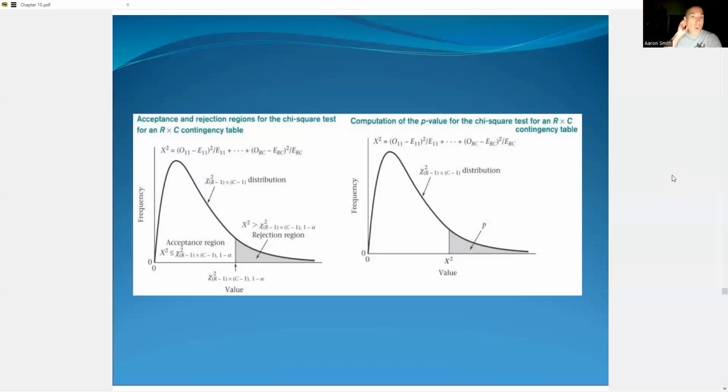Now, in the homogeneity case, which is the one that I usually use at work, the next question is, where is the difference when I get a statistically significant difference? Then I look at the residuals, observed minus expected, and I look for the ones that have the largest value.